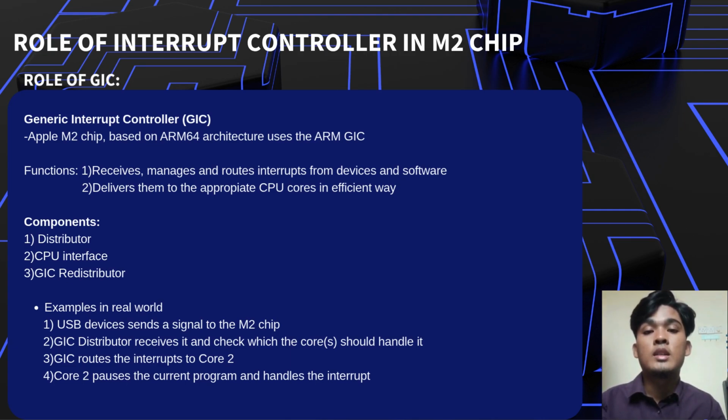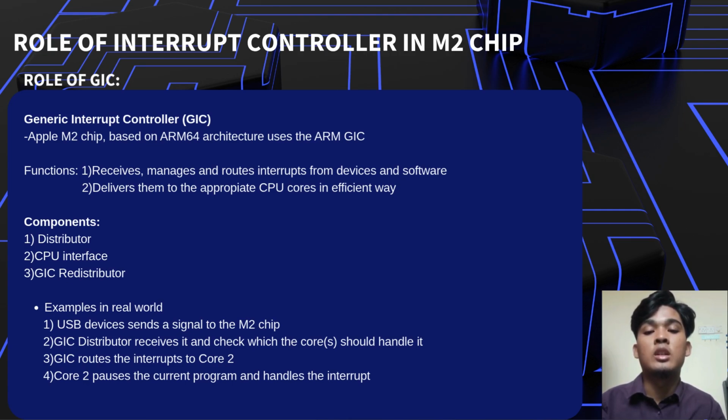So, what does the GIC do? It has two primary functions. Firstly, it receives, manages, and routes the interrupt from various sources. These sources can be external hardware device like USB driver or external software events. And secondly, it delivers this interrupt to appropriate CPU cores. This ensures that important events are addressed quickly.